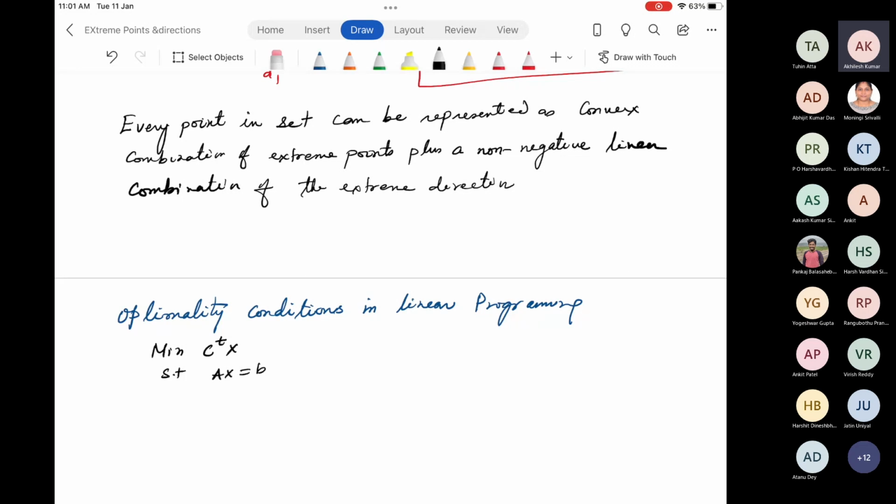So all the slack, surplus or artificial variables have been added to it. And X is greater than or equal to 0, where C is an n vector, the number of variables and their cost coefficients, A is an m cross n matrix of rank m, and B is an m vector.